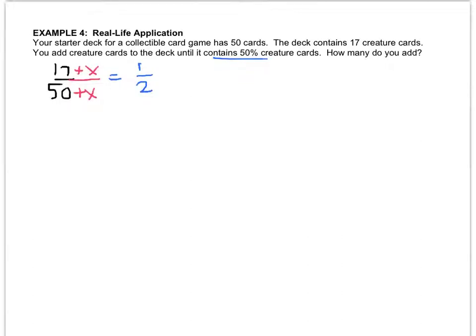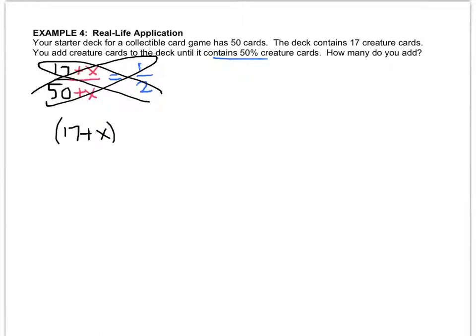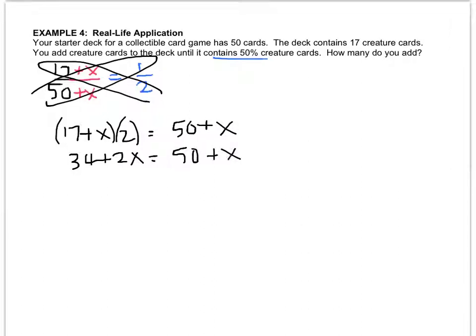So now this one we can just easily cross. So you get 17 plus x times 2 equals 50 plus x. That is 34 plus 2x equals 50 plus x. Drop a line. Variables to the left.